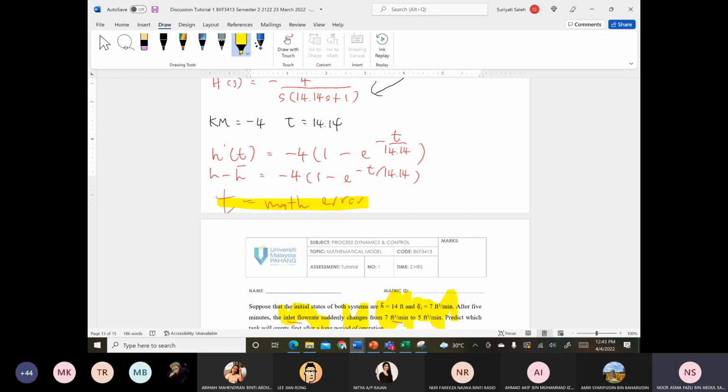So when we try to solve mathematically why it becomes a math error, we need to find the factor contributing to this math error. So we track back.